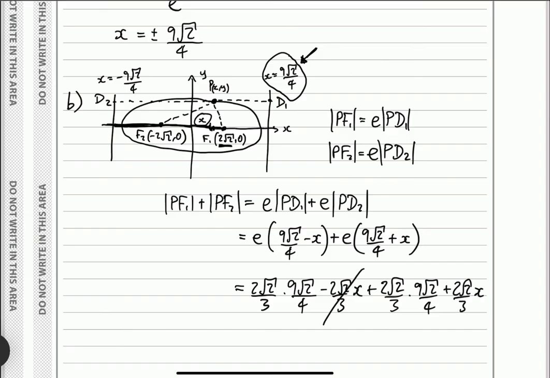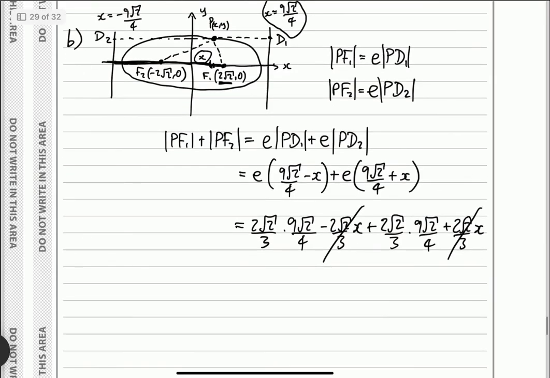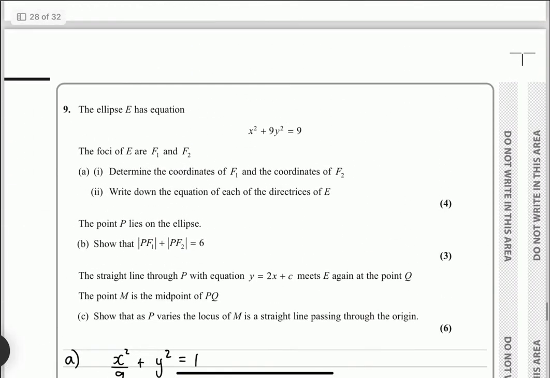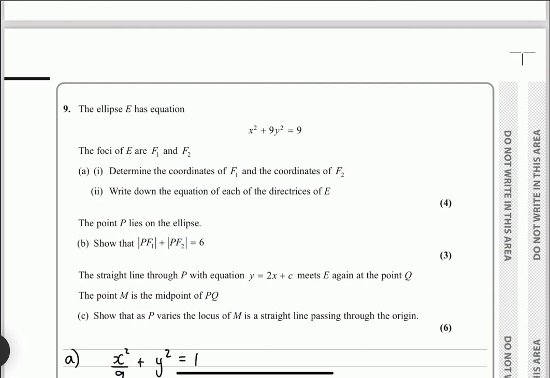And what you'll find is that it's not dependent on x. Simplifying these roots and fractions, we just get 3 plus 3, which gives us the result required, that these two equal 6.